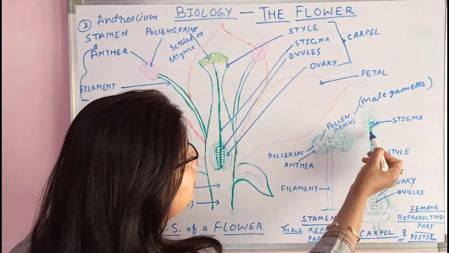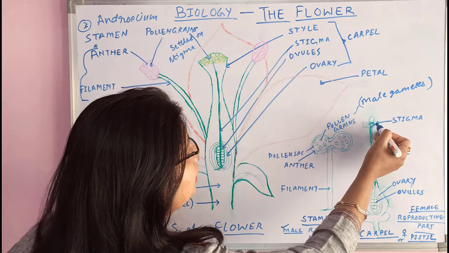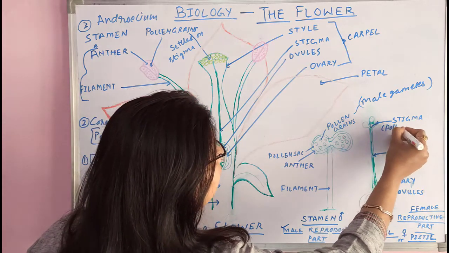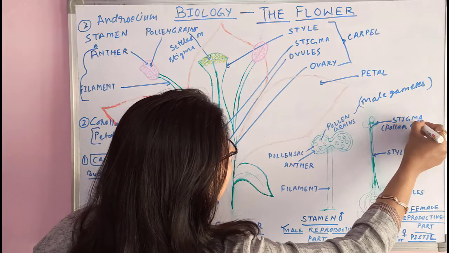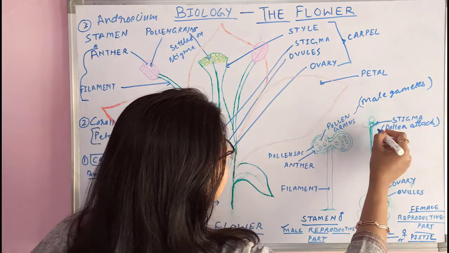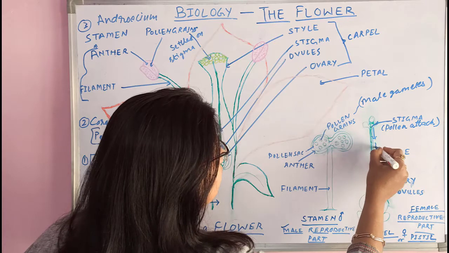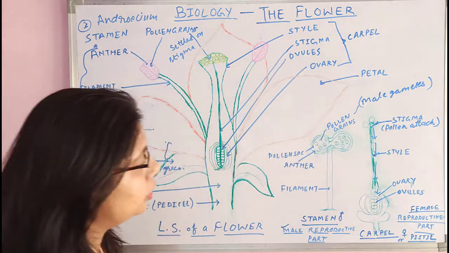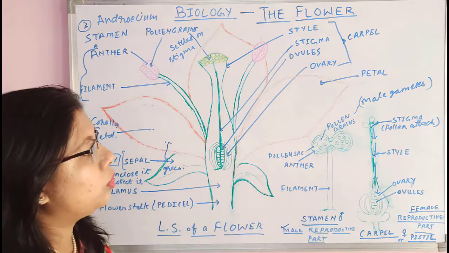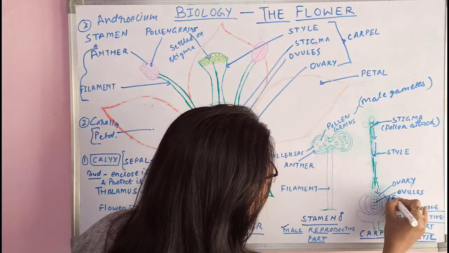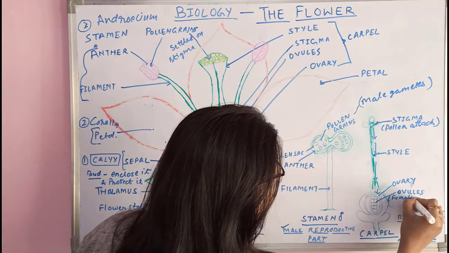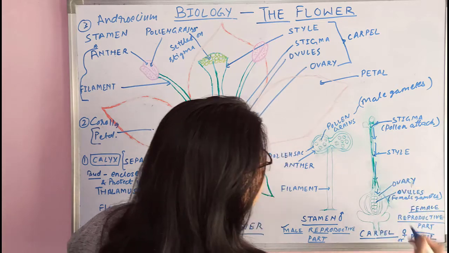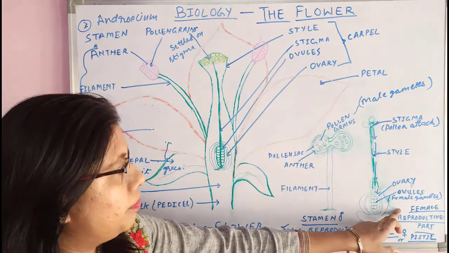And there is a style, and on the style there is the stigma. The stigma is the place where the pollen attaches. Pollen comes and attaches here, and then goes through the style and reaches the ovary to fuse with the ovules. The ovules have female gametes in them, which fuse with male gametes and form seeds.